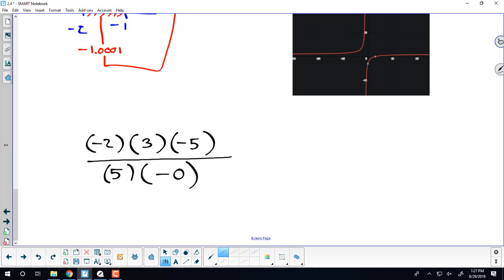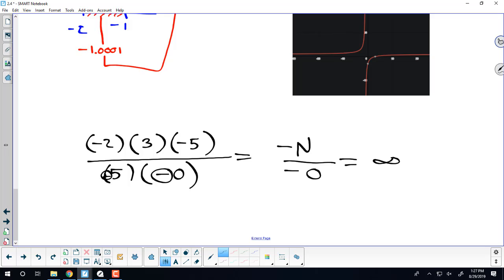The top is negative, just a negative number here. The bottom is approaching 0, 0 times 5, still 0. And then we have to look at the negative times the positive here. So this thing is approaching positive infinity. You have to take everything into account.